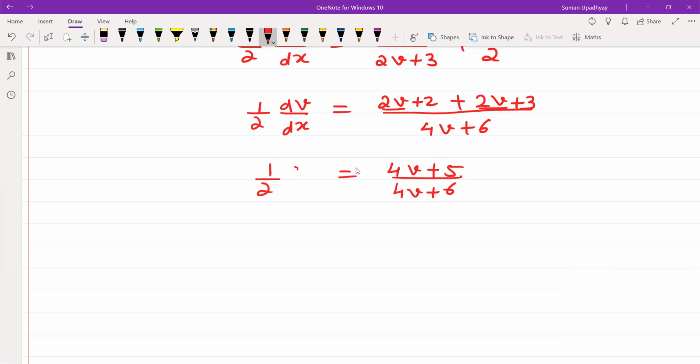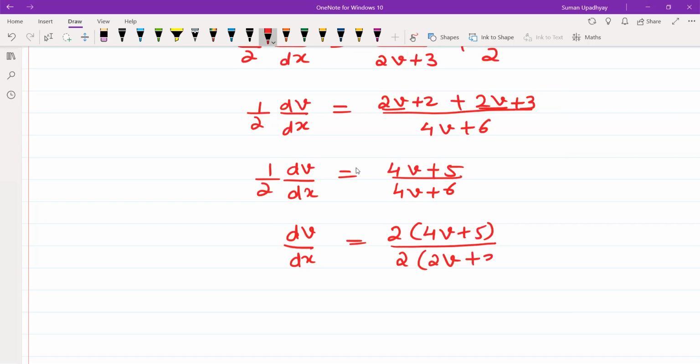1 upon 2 dv by dx. Now still this 2 is there. Take it to this side. So it will become dv by dx, since it is in the denominator on the left hand side, it will come over here in the numerator. And in the denominator, I can see 4v plus 6, 2 is common, take it outside.